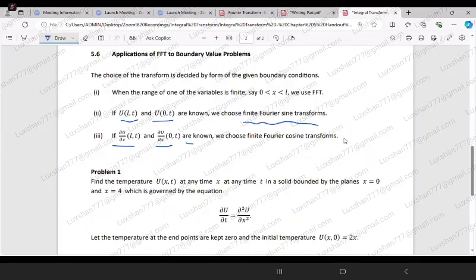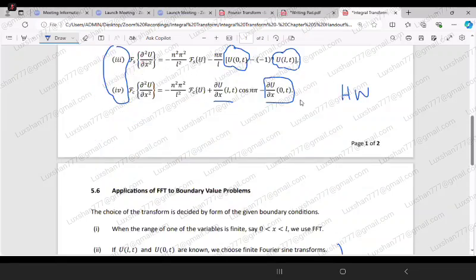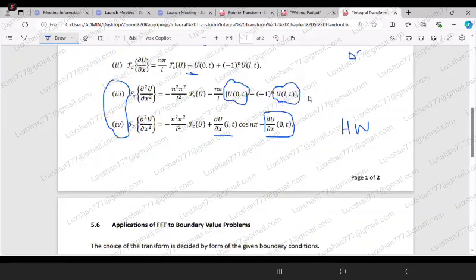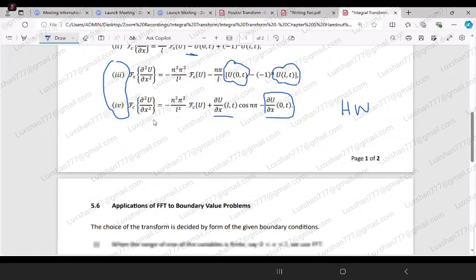So based on the initial conditions, we will decide what transformation we should go for. If you know u0 comma t and ul comma t, you go for sine transform. And if you know the derivative of u with respect to x at L comma t and at 0 comma t, then you go for Fourier cosine transform.